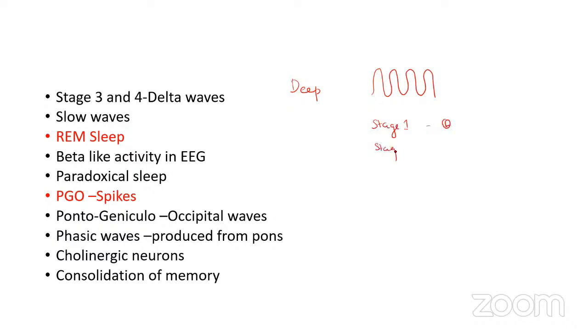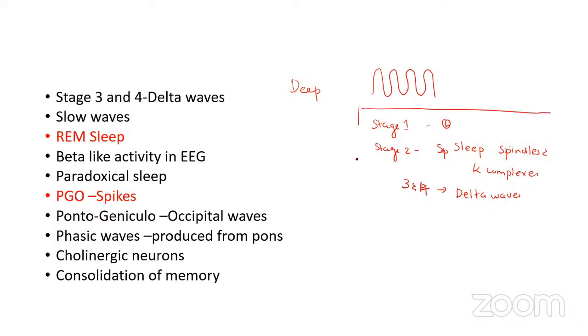Stage 2, sleep spindles and K complexes. Stage 3 and 4, we get delta waves. So this is very important.